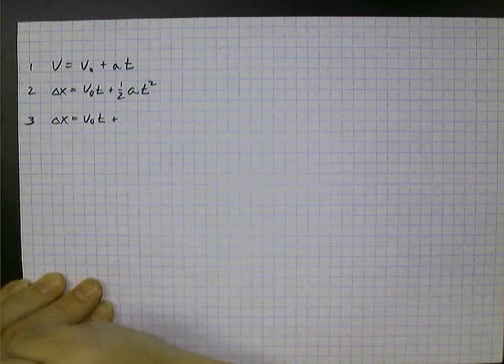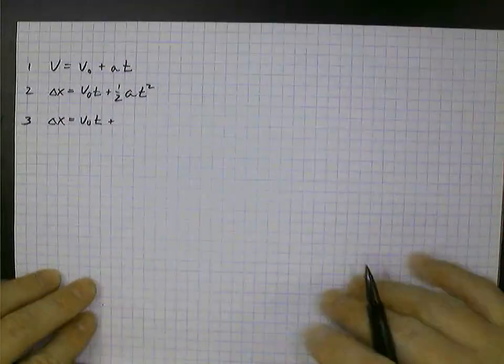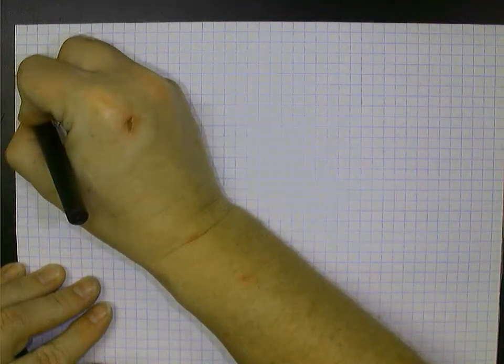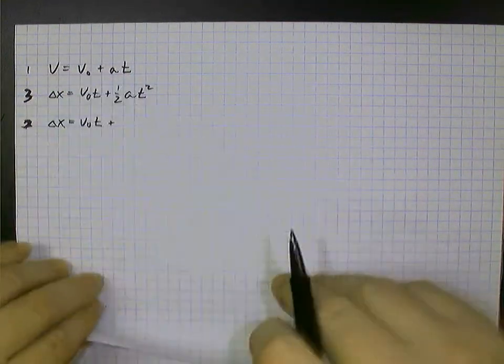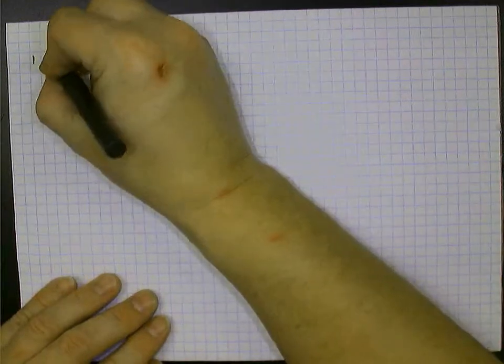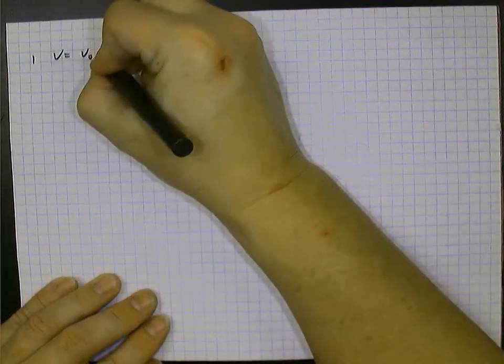I wrote 3 first. This one's 3, this one's 2. I'm going to start this part over. Equation number 1: V equals V naught plus AT.